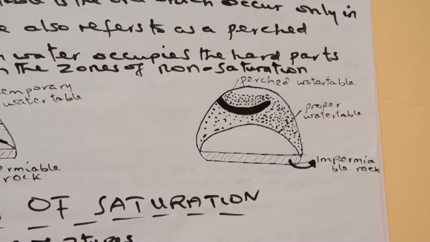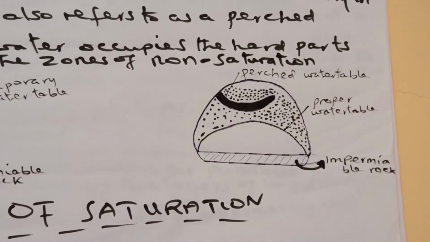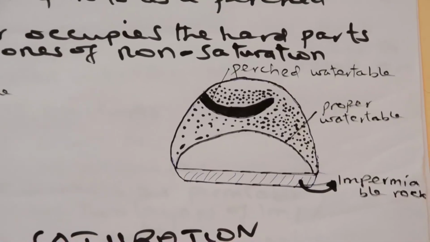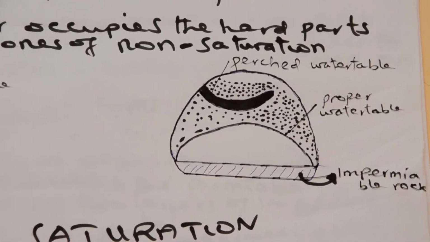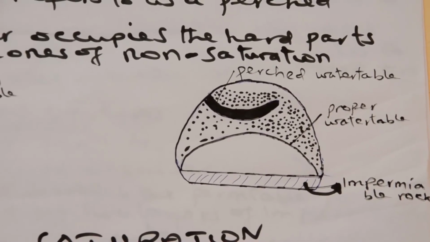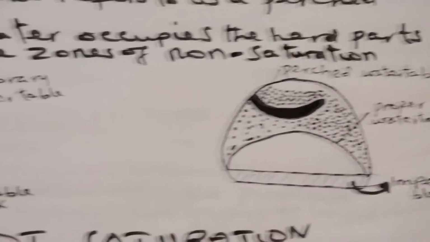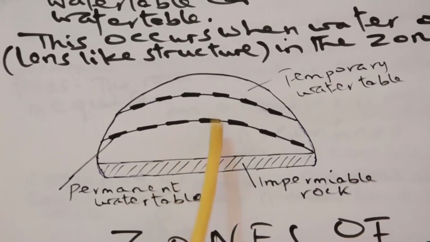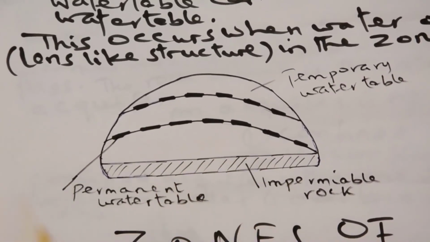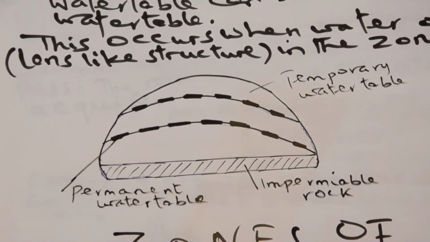This structure consists of different layers, whereby this layer is a temporary water table, which takes place for a short period of time. But there is another layer which is a permanent water table. It exists throughout, even during dry season. This water table can hold water.